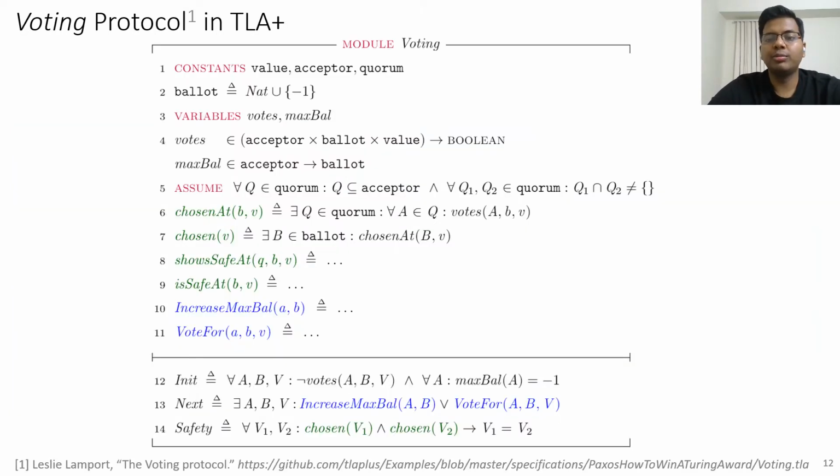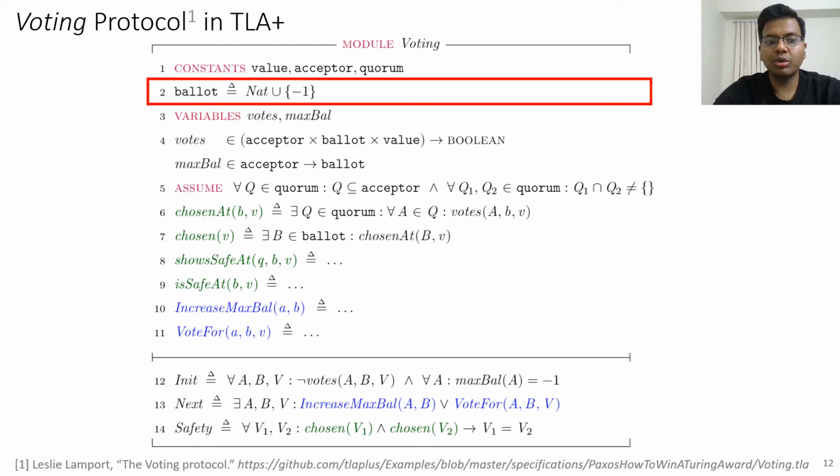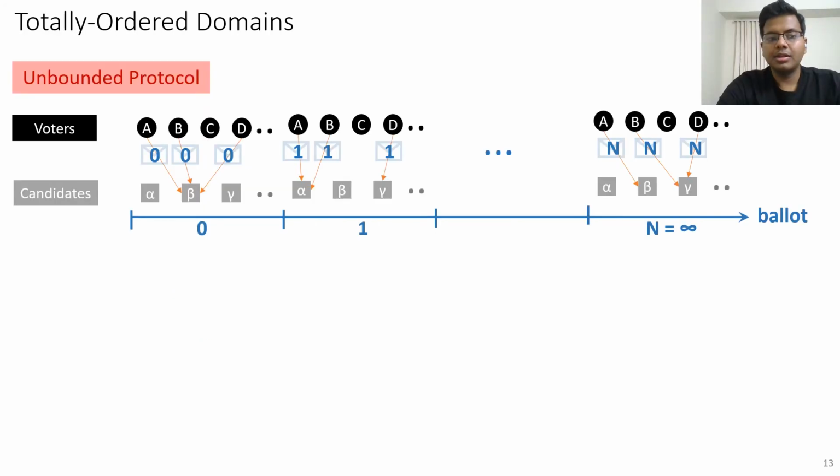In more involved protocols like Paxos or voting, we have another important dimension, a totally ordered domain called valid here that models the protocol's unbounded but very regular evolution over time. So now there is an unbounded temporal dimension as well.